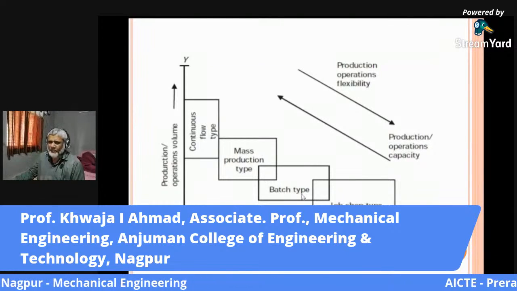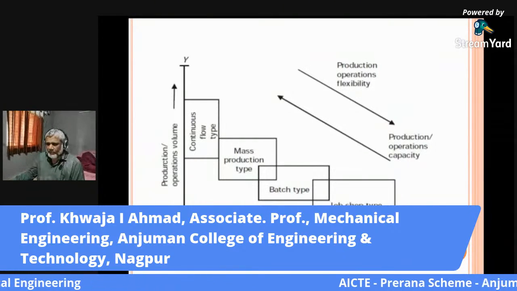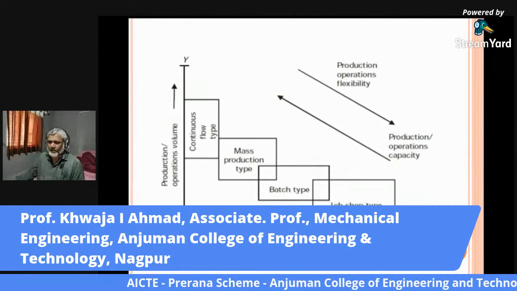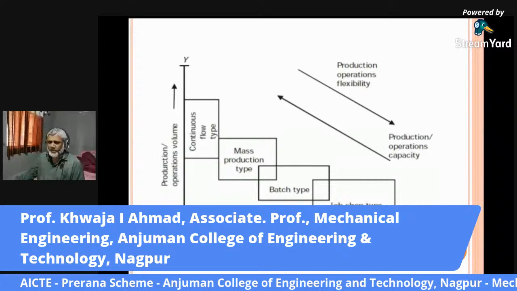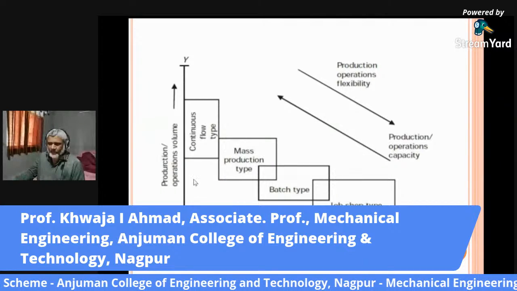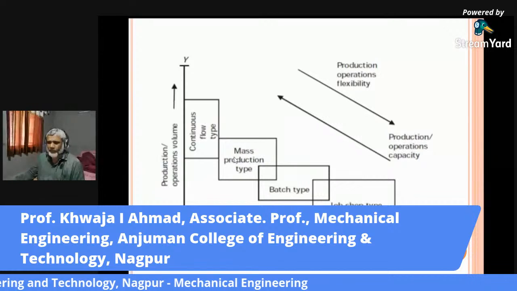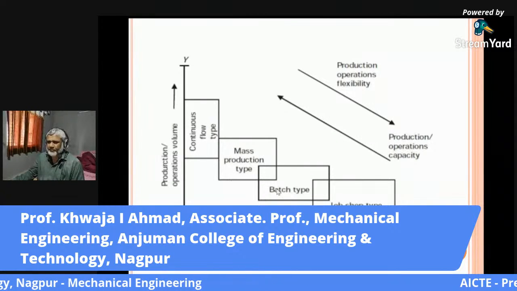Similarly, in batch type of production, the variety in the output of the product can be of significant importance, but the volume of output will be less as compared to continuous flow type and mass production type.